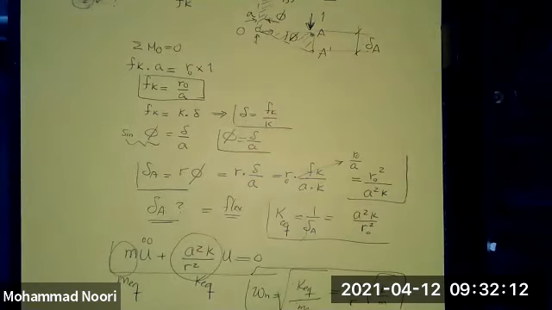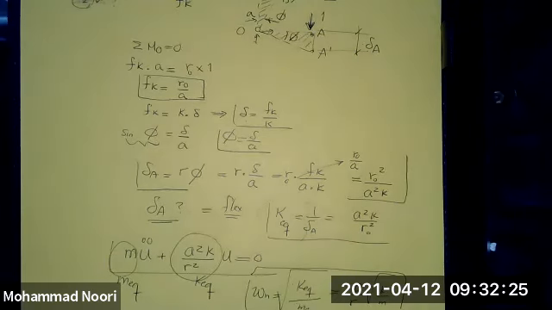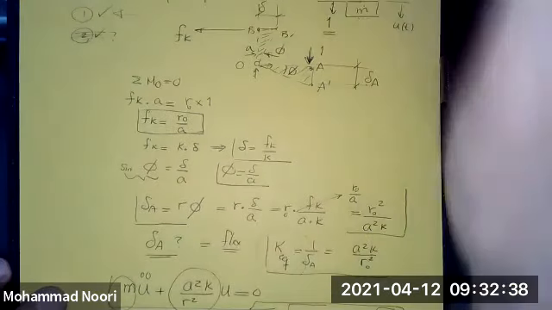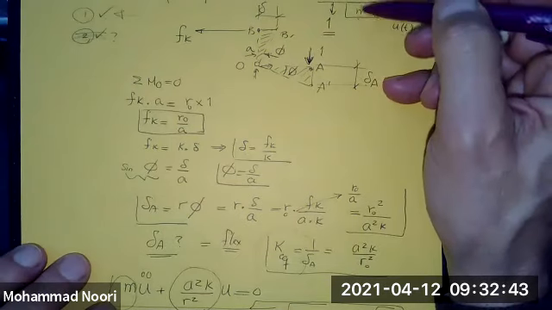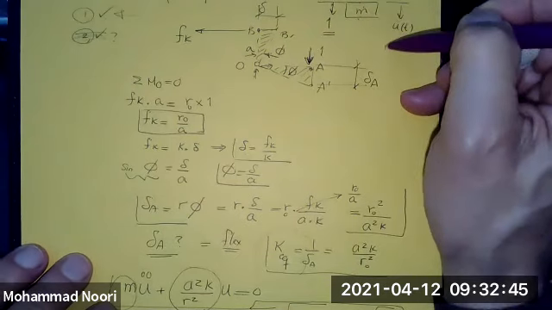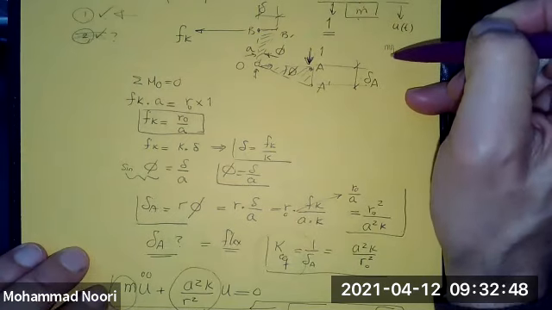How do we know not to include the D'Alembert force on this one? Very good point. What I did was I completely moved away from using the second law. I'm just using simple structural analysis. If this is going down, you have mg, right?